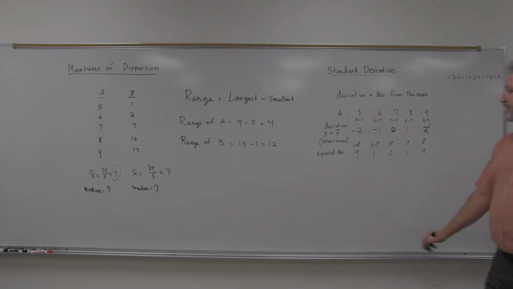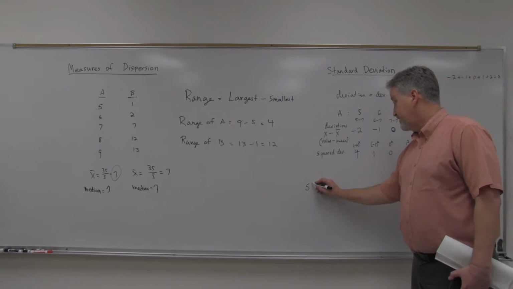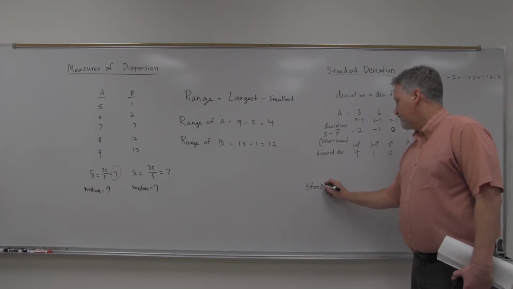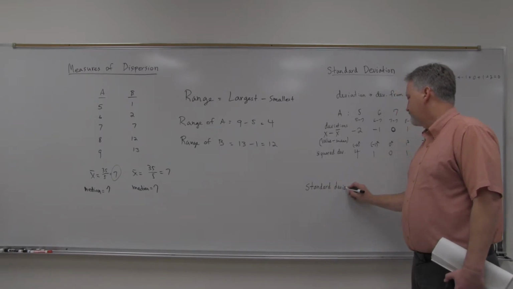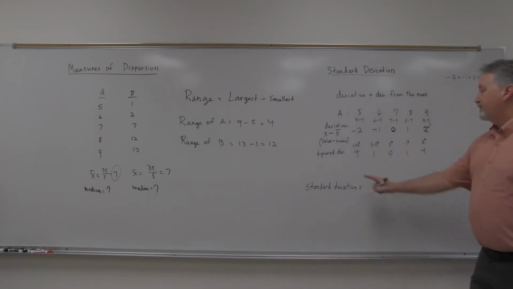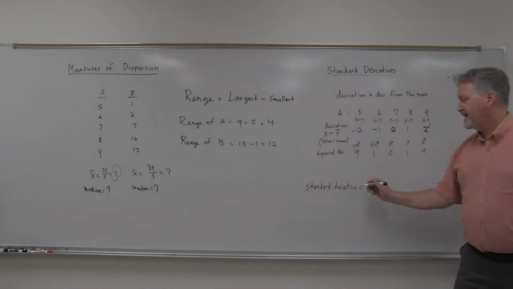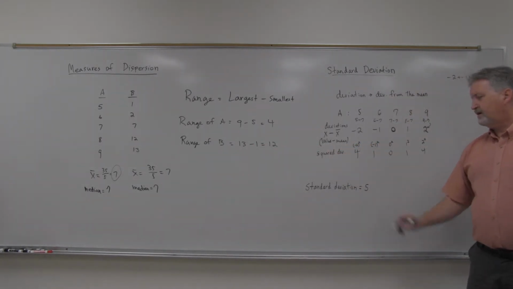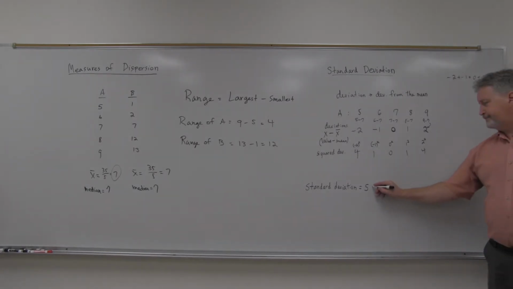So that's kind of the preliminary work, one way to write it anyway. Here's how we get the standard deviation. What I'm going to do is basically average these values. X bar is the mean, and S is the letter for our standard deviation, what we usually call it.